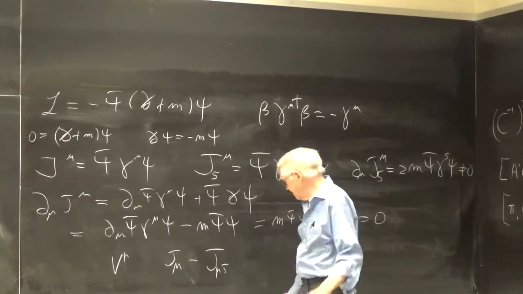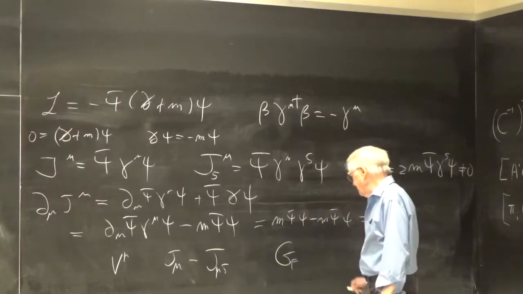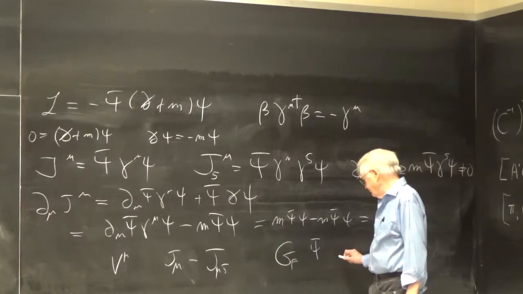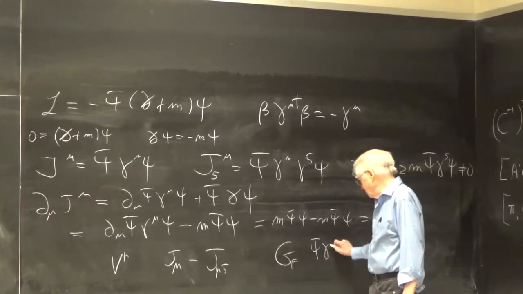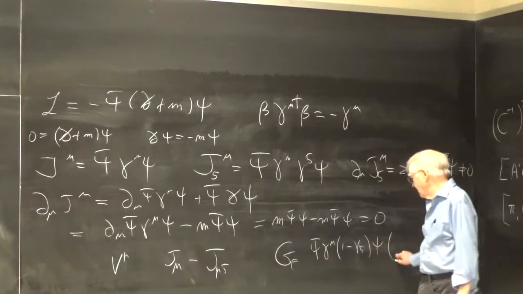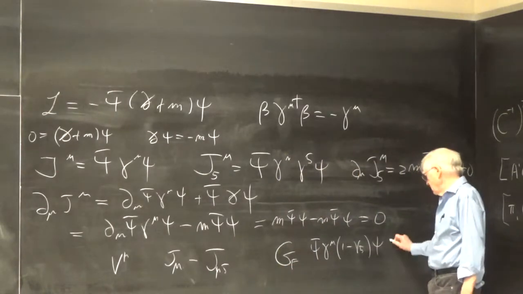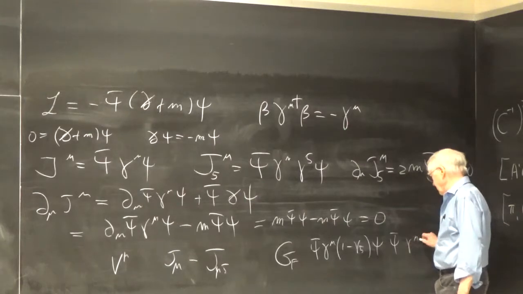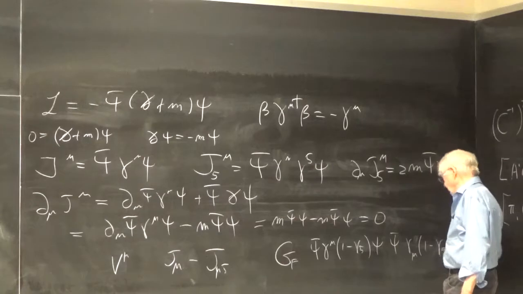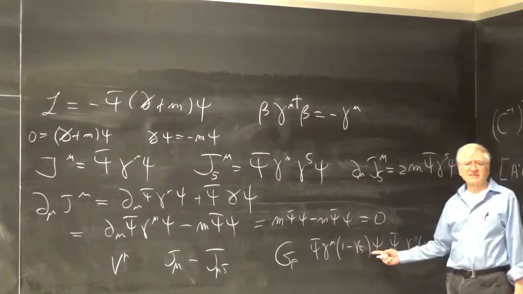In those days, one just had a Fermi constant, GF, and then you had psi bar gamma mu 1 minus gamma 5 psi, and then the same structure repeated. It might be plus gamma 5, depending on the notation. Anyway, it's whatever projects out the left-handed fields.